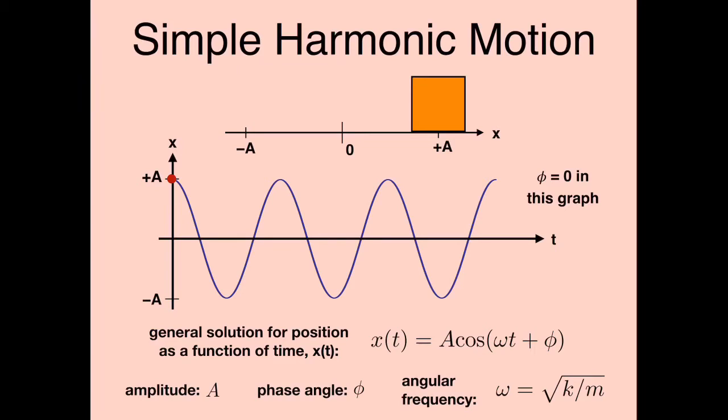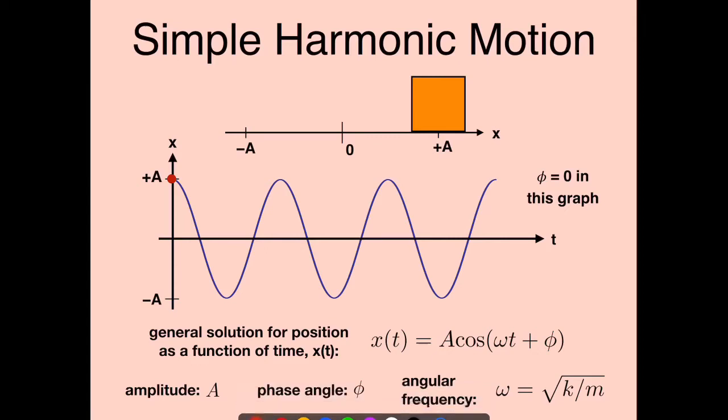In a nutshell, what the amplitude tells you is the maximum displacement from equilibrium that your system ever reaches. So if we plot x as a function of time, with x, position, on this axis, and t, time, on this axis, A just tells me the maximum value of x that I reach, and of course I'll reach it in the negative direction as well, so I'll also have negative A on the other side.